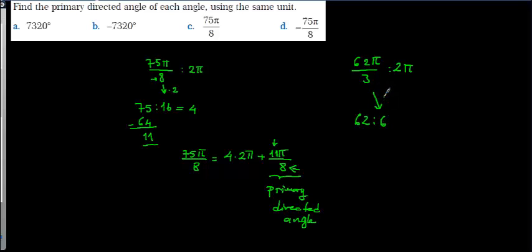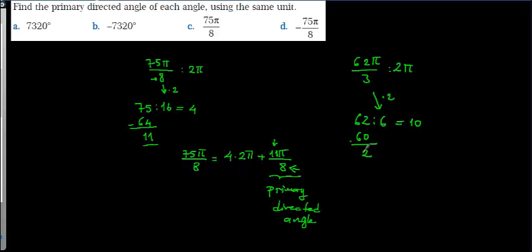Here, this is times 2, denominator times 2. 62 over 6 is going to be 10, 10 times 6 is equal to 60, and the remainder is going to be equal to 2.